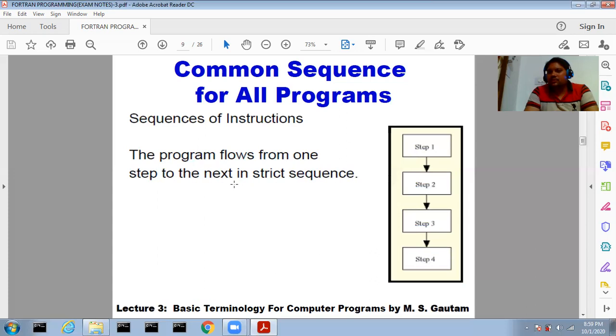The sequence of instruction defines the direction of program, how the program works, and how the calculation or operation will be completed by the computer.